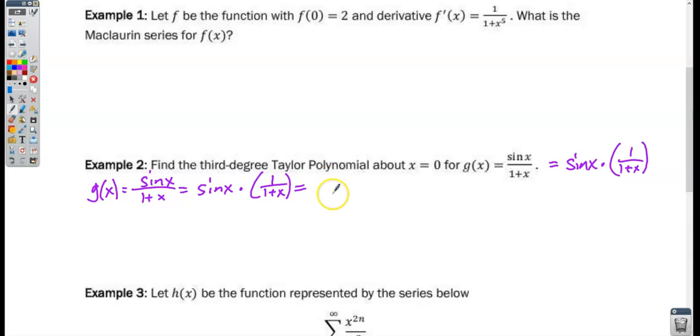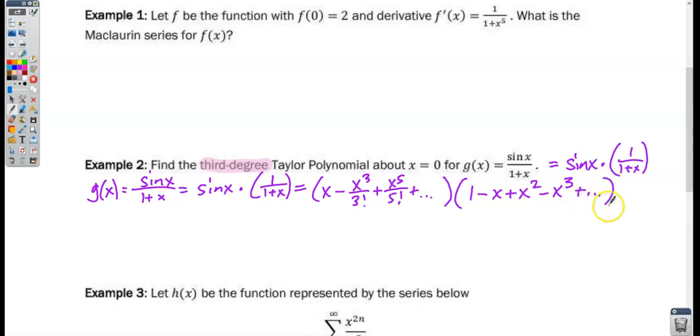It is x minus x cubed over 3 factorial plus x to the 5th over 5 factorial, etc. I'm not going to need any more of the terms for that because we're trying to find a third degree polynomial. So the biggest power of x that we need is the third power. And I'm going to multiply that by the series for 1 over 1 plus x, which is 1 minus x plus x squared minus x cubed, etc.